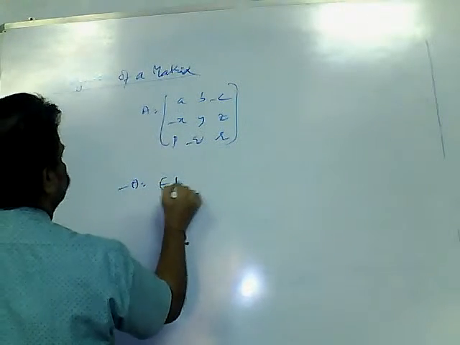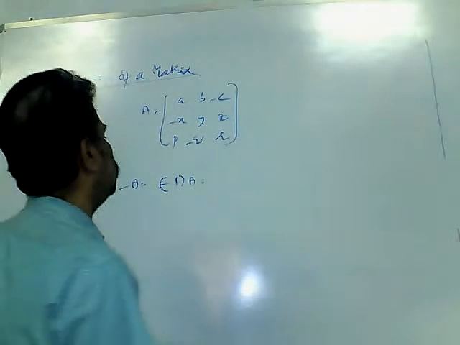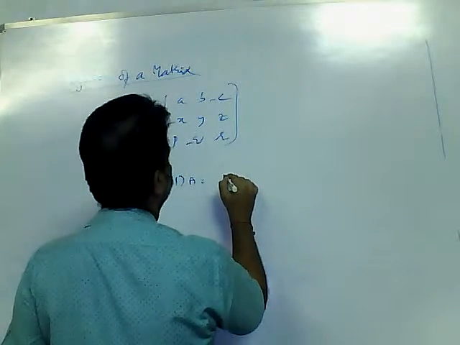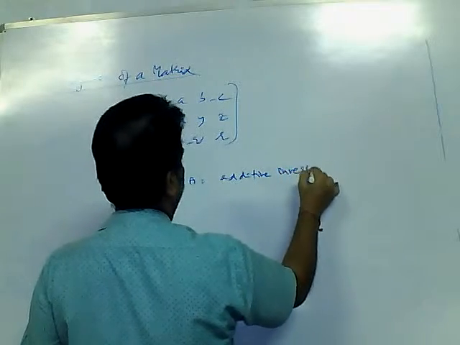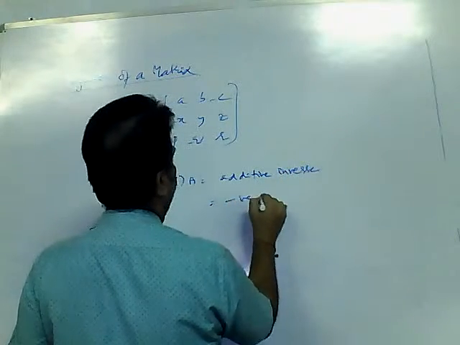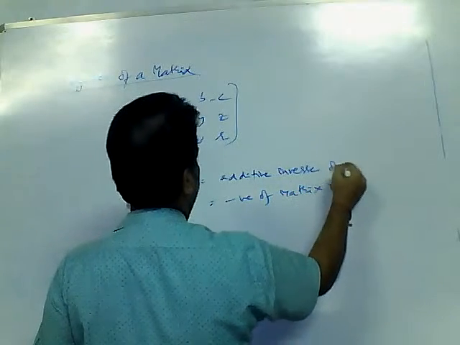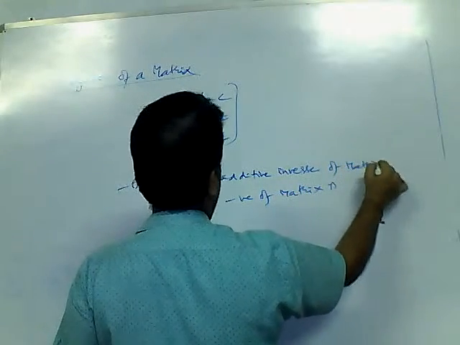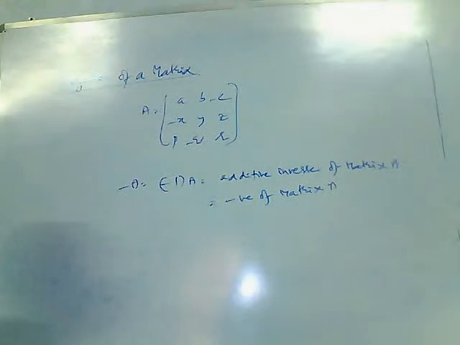Minus A is minus 1 into A. Minus A is the negative of matrix A, or the additive inverse of matrix A, such that you multiply every element by minus 1.